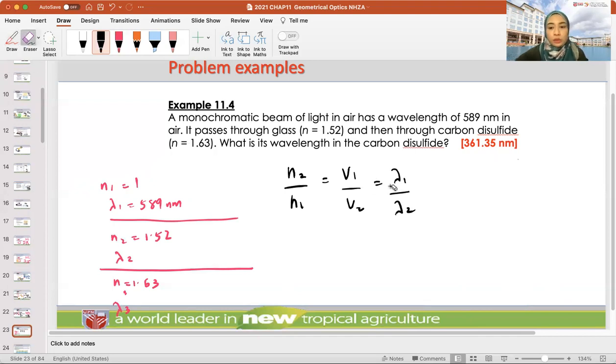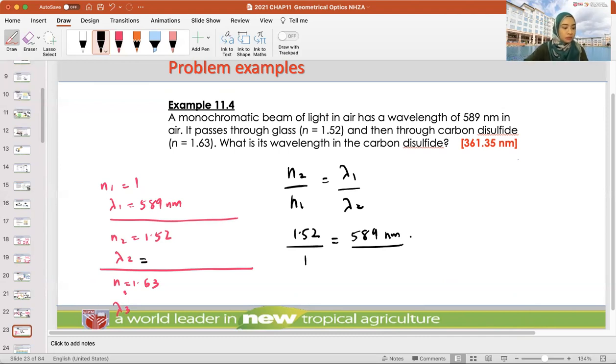But we don't care about V. We want to know about lambda. So let's use that. Let's try to find out what is the wavelength, lambda 2, first. So N2 is 1.52, N1 is 1, lambda 1 is 589 nanometer, and this is what we're trying to find.